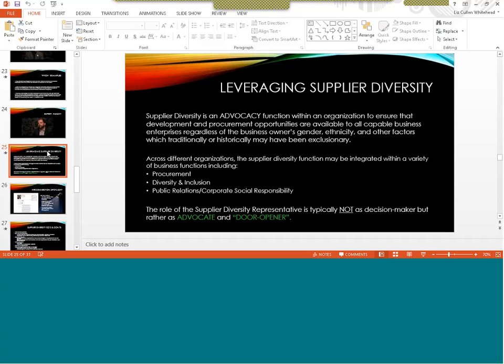I've often heard our corporate members say that, yes, my role is to get diverse suppliers, but really what I want are the best suppliers for my company. And I use the supplier diversity programs to make sure we're not overlooking someone that might be the best supplier out there. So it may be integrated with procurement, maybe integrated with diversity and inclusion or human resources, or even public relations or corporate social responsibility.